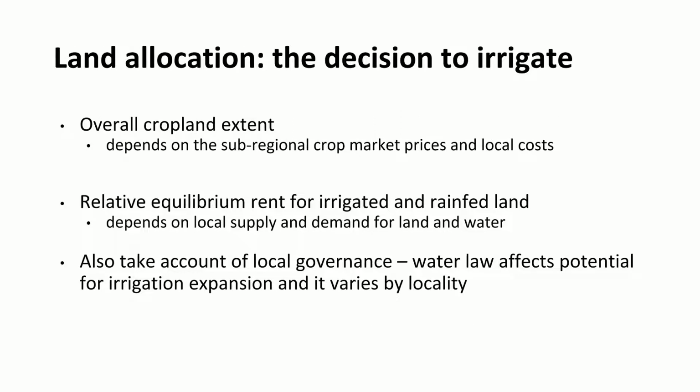And then there's the decision to irrigate or not, and that's where the CET function comes in. You shift land from irrigated to rain-fed, but that depends very much on local governance. There are places in the US where it's virtually impossible to expand irrigation because of local water law. And other cases, say Texas, where it's go for broke. If you want to irrigate, go for it. So it varies a lot by locality, and we've tried to build that in through these parameters.